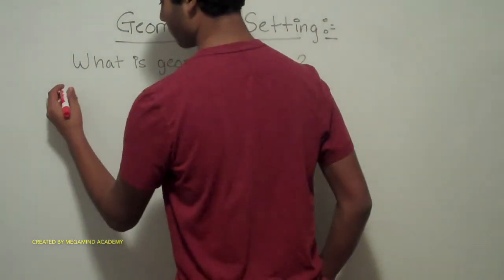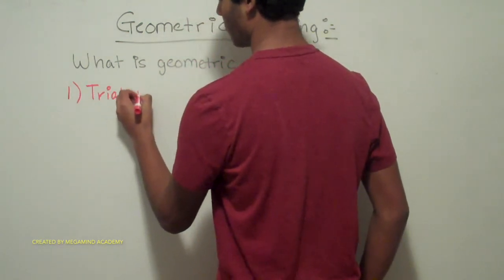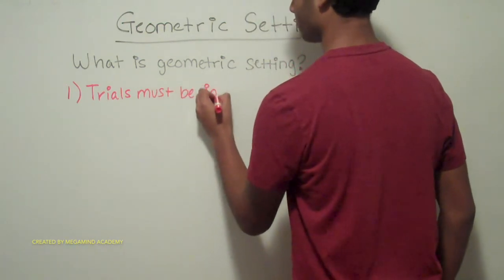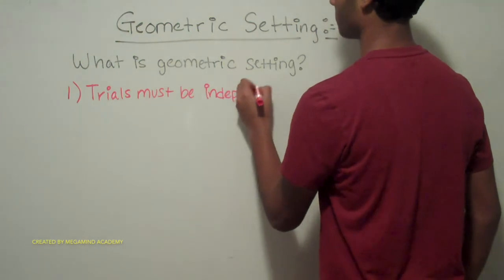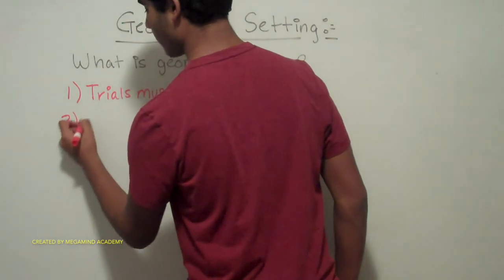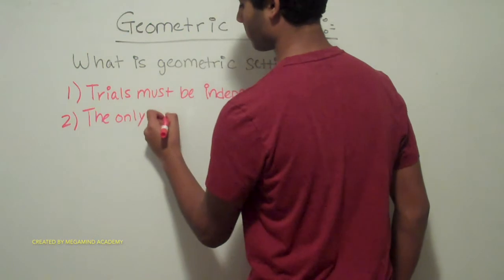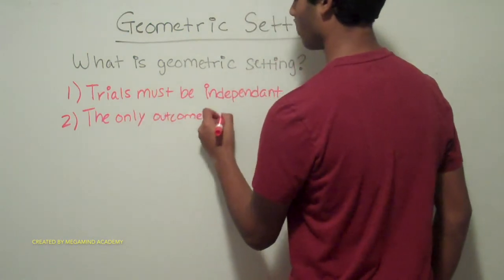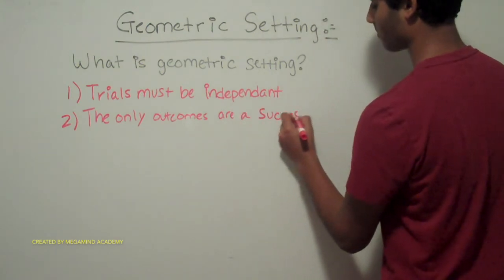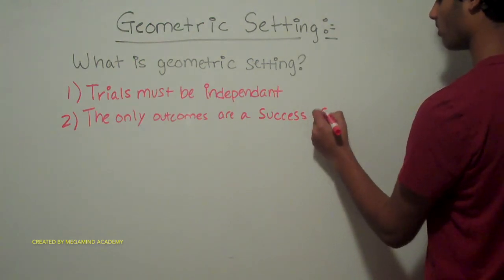So the first condition is that the trials must be independent. The second one is that the only outcomes are a success or failure.